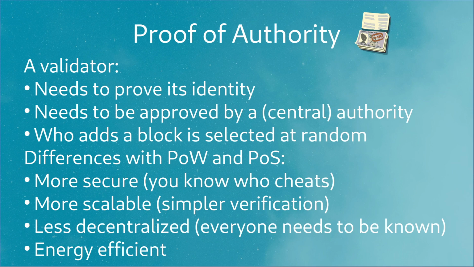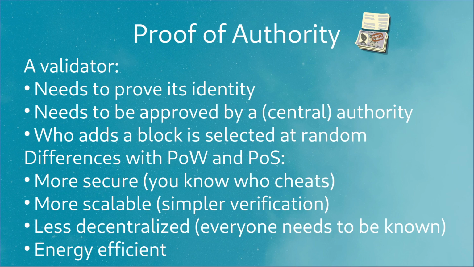So this is considered more of an incentive for validators to behave well, so therefore people consider that proof of authority is more secure than proof of work or proof of stake. Proof of authority can be made more scalable even than proof of stake.